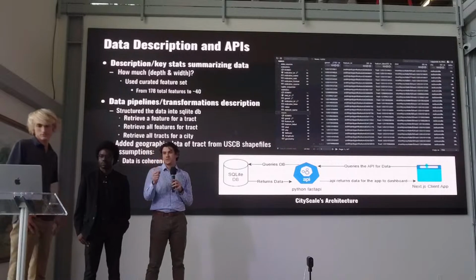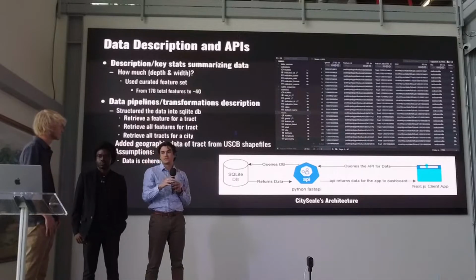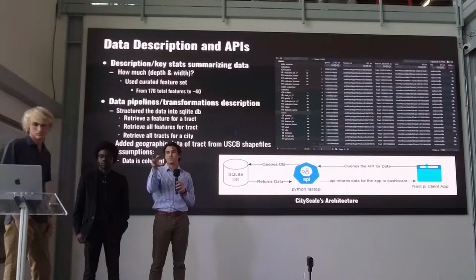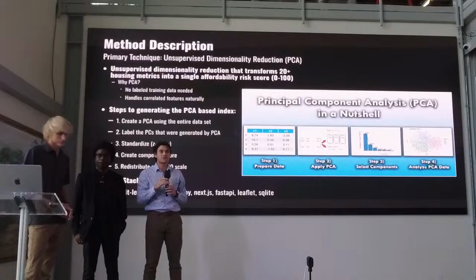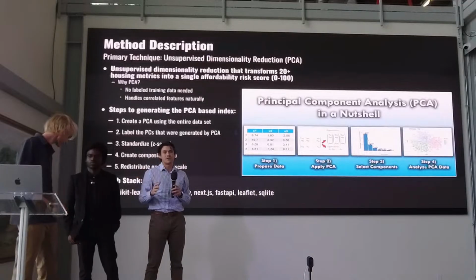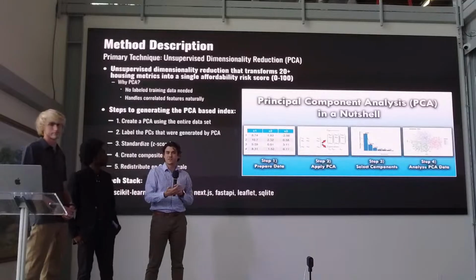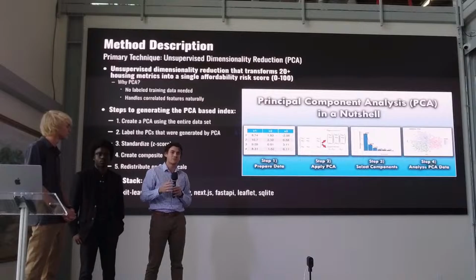So the entire feature set is 178, and I'll get into our methodology, but we turned that down to around 40 to correlate with. Afterwards we found a dataset of evictions for particular tracts, and we correlated to see how accurate we were.